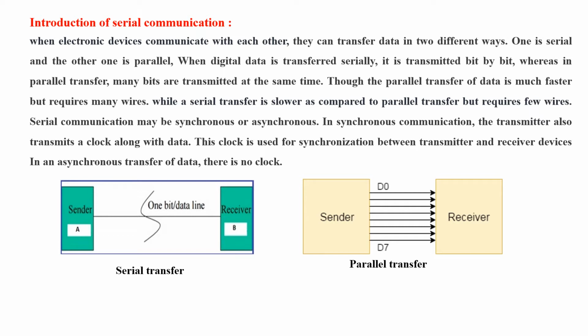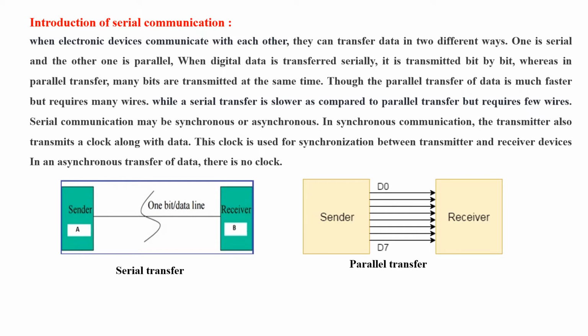When digital data is transferred serially, it is transmitted bit by bit, whereas in parallel transfer, many bits are transmitted at the same time. Though parallel transfer of data is much faster, it requires many wires, while serial transfer is slower as compared to parallel transfer, but it requires few wires.